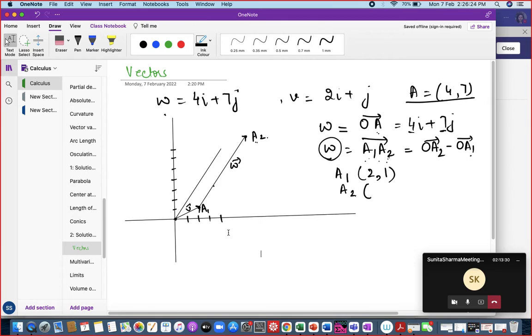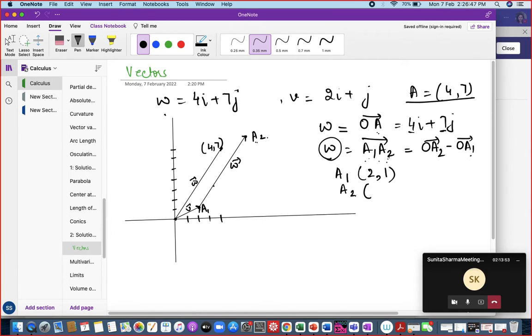So this was my initial positioning. This is the new positioning. If I am shifting, my x coordinate increases by 2 and my y coordinate increases by 1. How will the coordinates of the terminal point change? Coordinates of the terminal point here are 4, 7.